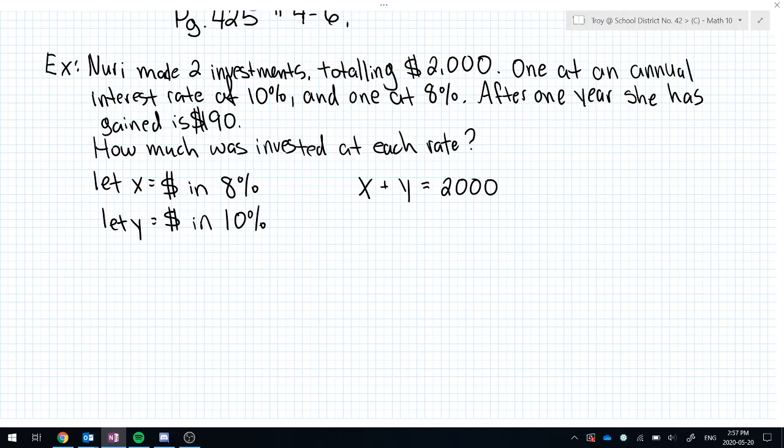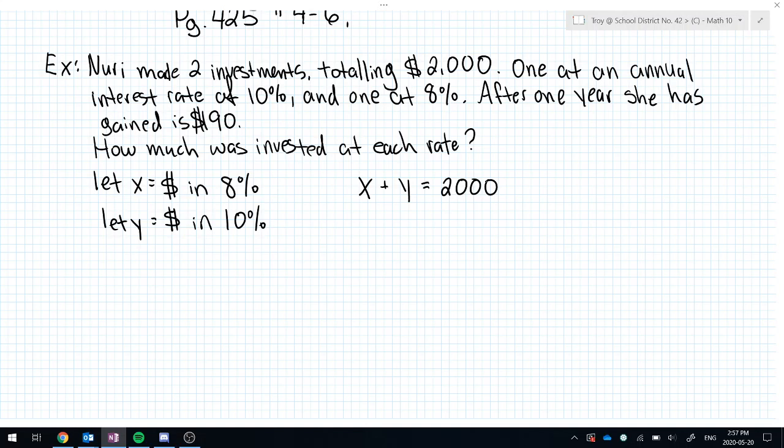And the other thing we know is the interest that she gained. She gained $190 in interest. So how do we find interest? Well, the interest is just the interest rate as a decimal. And then if we want to find the interest, we take that interest rate and multiply it by the money in the account.